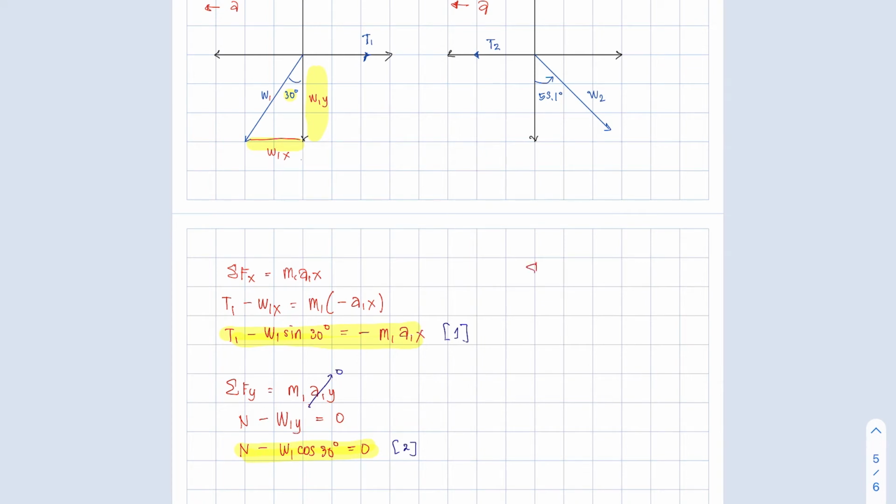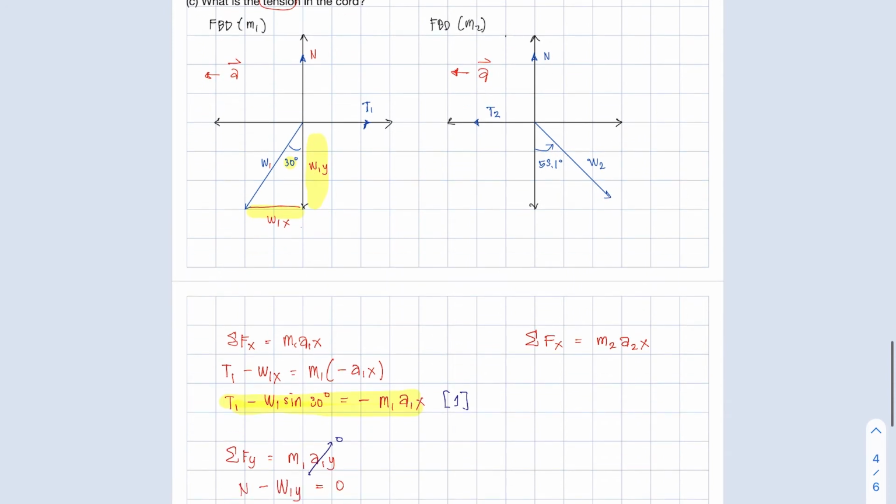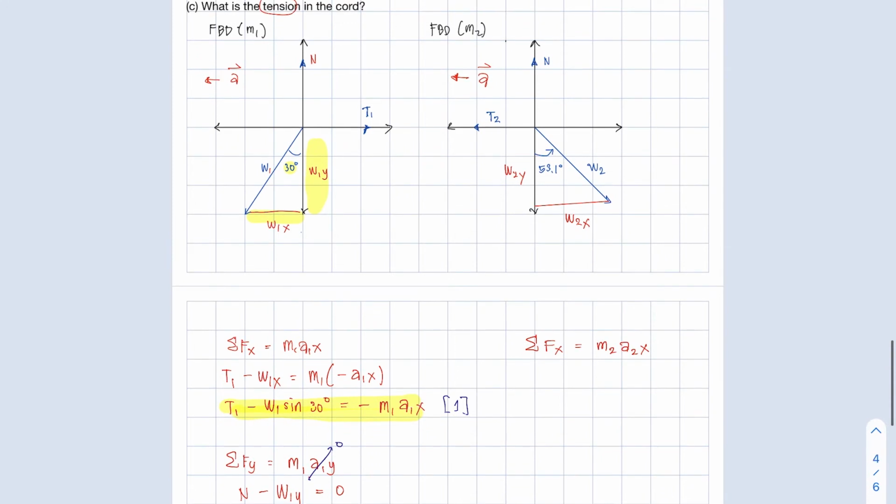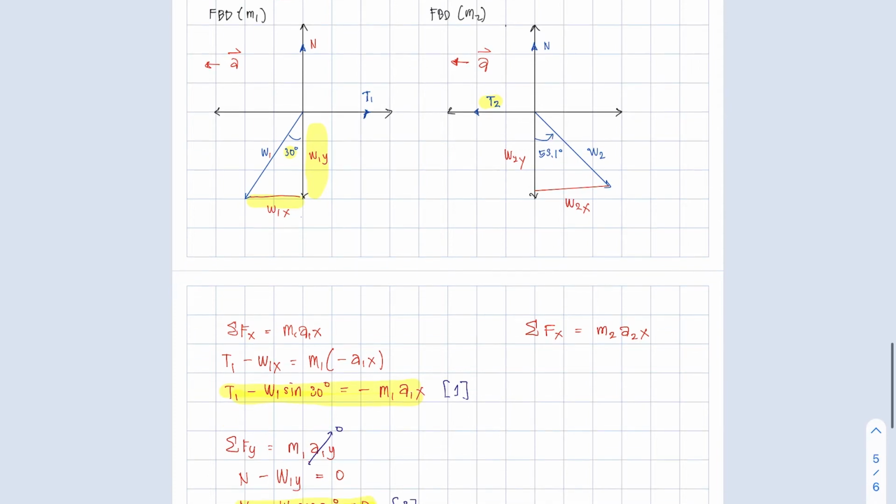Maybe it will be helpful. Just maybe. So for mass 2, this will be your sum of forces along x is equal to M2 times acceleration 2 along x. If you look at the forces along x, we will not forget that W2 has components: W2 sub x, and here W2 sub y, the y component of weight 2. One of the forces is your T2, which is directed negative, because it goes to the left-hand side where the values of x are negative.